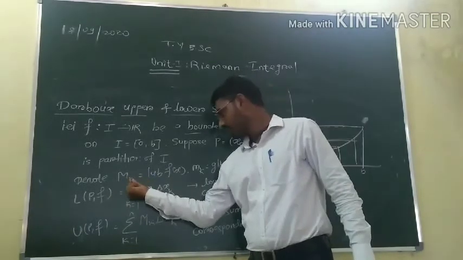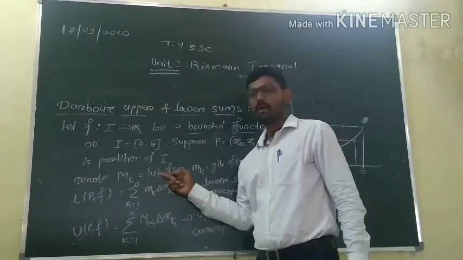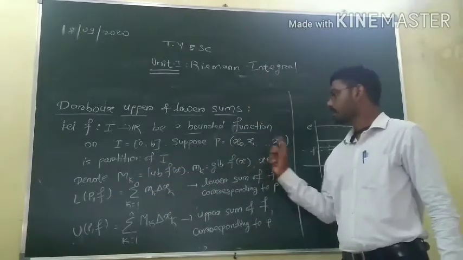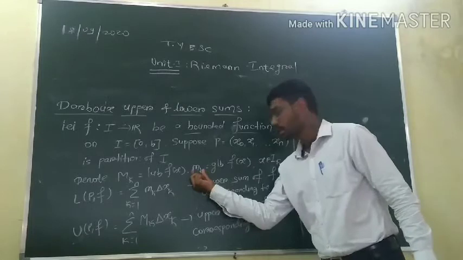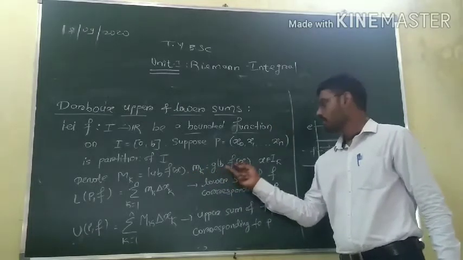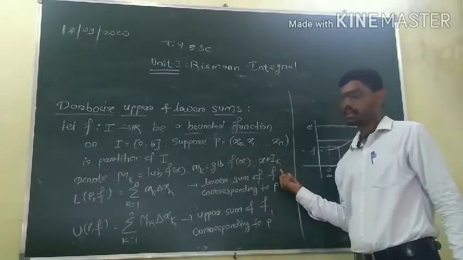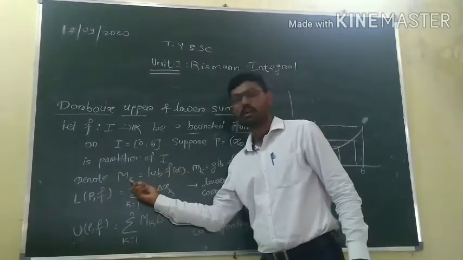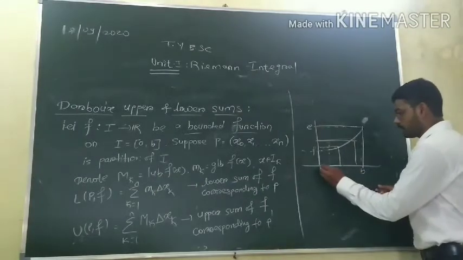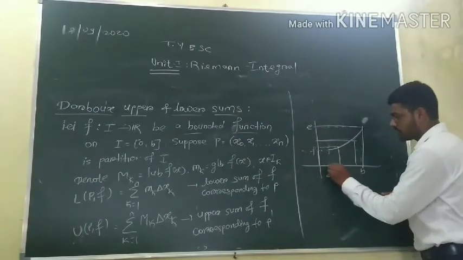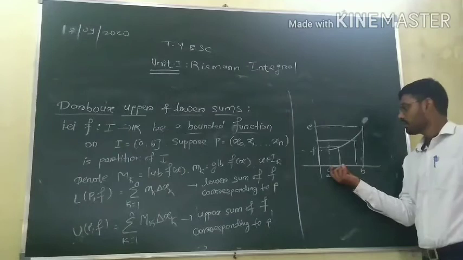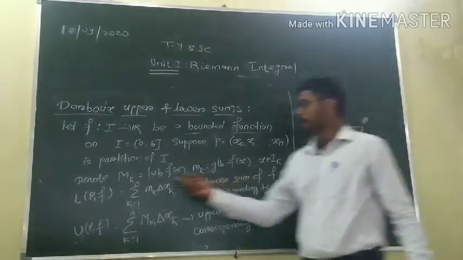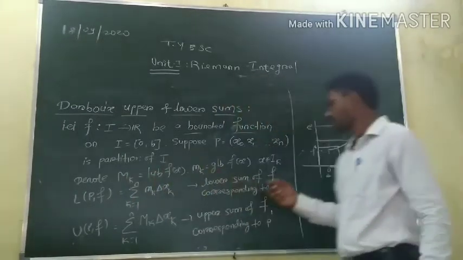So see the notation. Capital Mk means the least upper bound of the function in the kth interval. Similarly, small mk means the greatest lower bound of the function in the kth interval. That is, the maximum value of the function in the kth interval. Suppose this is the first interval, and in this interval the function has maximum value, suppose 4. Then the value of capital M1 is 4, since we are talking about the first interval.